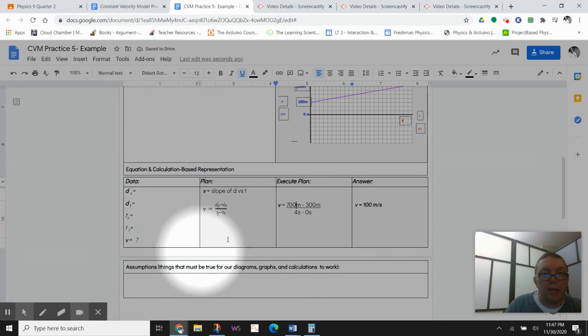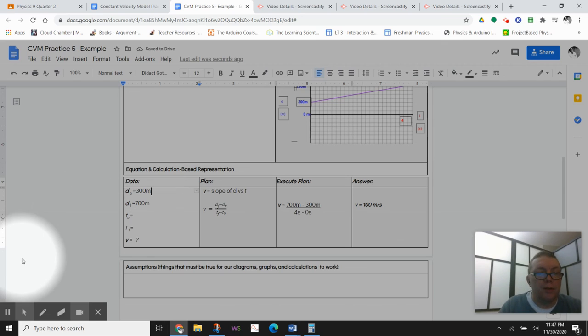In these cases you could just say, well, it's DF minus DO, so 700 must be my DF. I'm going to put the 700 there. DF minus DO, 300 must be my original position. I'm going to put that there. So we can gather that information a variety of ways. There you go. Have a good one.